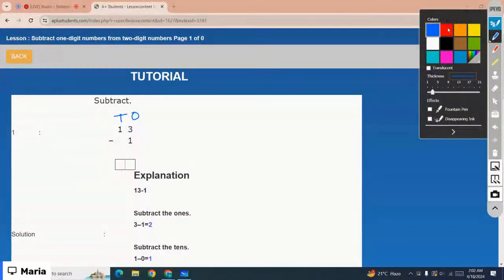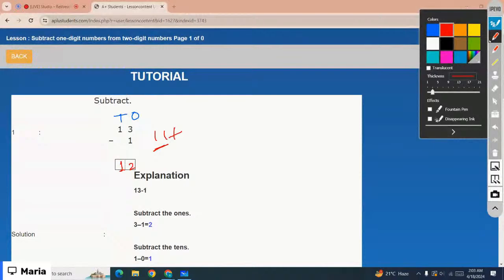You always start from the rightmost digit, that is the ones digit. You have to do 3 take away 1, right? So 3 take away 1 means make 3 lines, remove one of them, we are left with 2, right? And here you have 1, you don't have any digit here, so you need to write 1 as it is. So 13 take away 1 is 12. Got it? Always start subtraction from the rightmost digit. Got it?